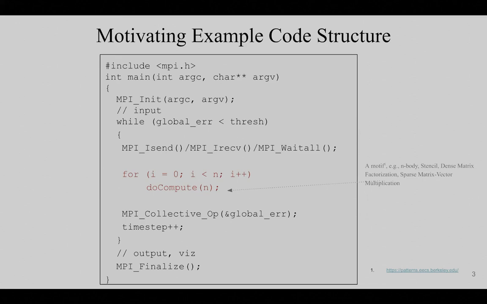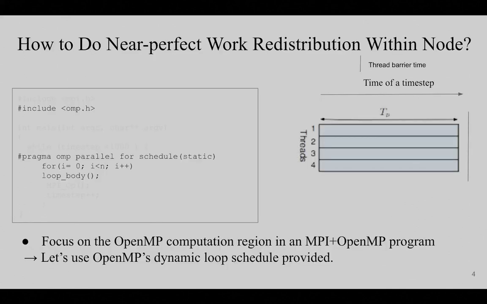In particular, it needs to be distributed well across the processing elements of a node, and that involves loop parallelization. That loop parallelization should distribute the work across processing elements in a near uniform way, and it should do so as efficiently as possible. So how do we do near perfect work distribution within a node?